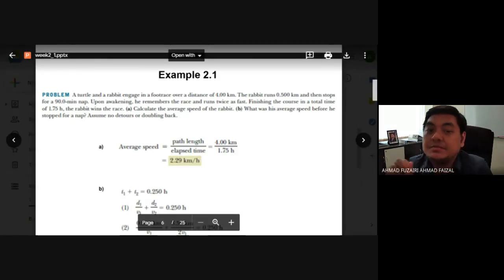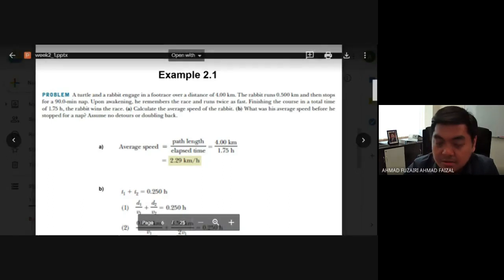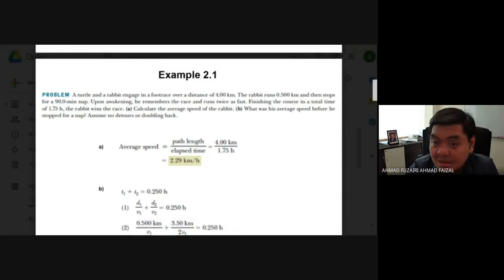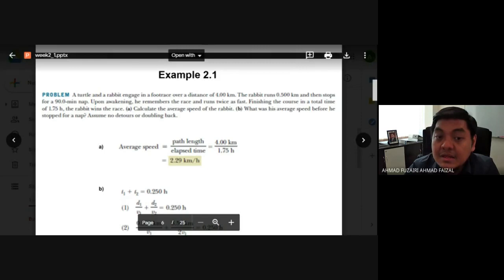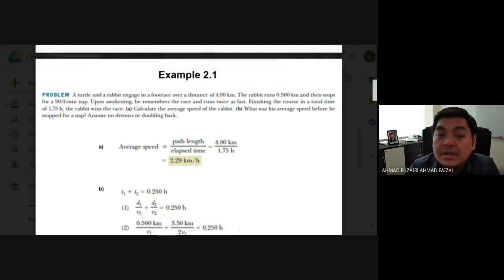Okay, so calculate the average speed. From the questions, tengok soalan, you can actually pick out a few information. So let's say we have a distance. Okay, the total distance is 4 kilometers, 4,000 meters. The rabbit runs 0.5 kilometers and then stops for a 90 minutes nap. Upon awakening, he remembers the race and runs twice as fast.